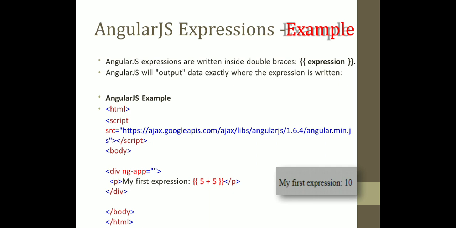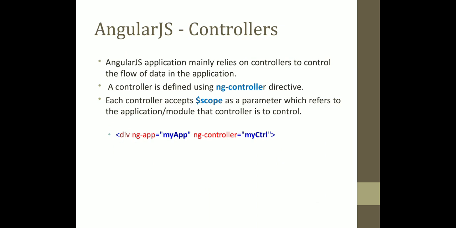Okay. So now we'll move to the third part of this session, that is controllers. The AngularJS controller is the heart of an Angular application. We have also seen the MVC architecture in the last session. There also the controller was overseeing all the model and view parts, controlling the whole application.